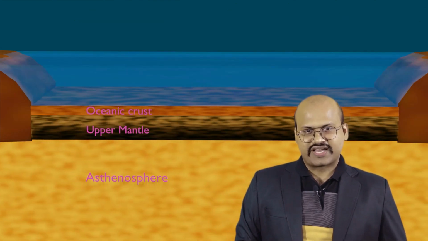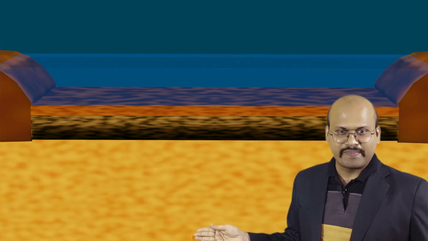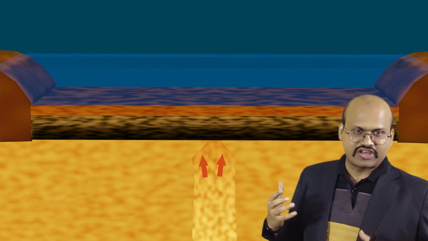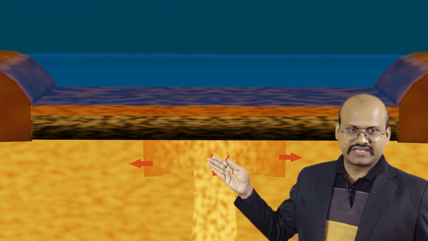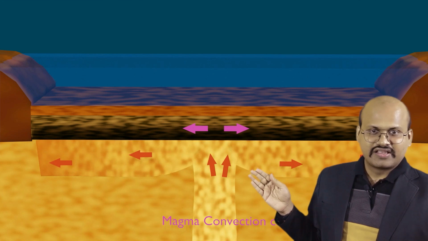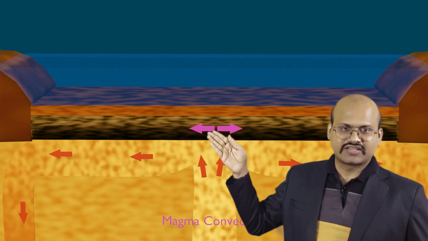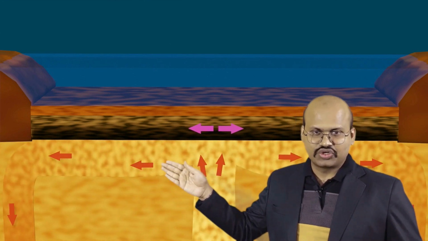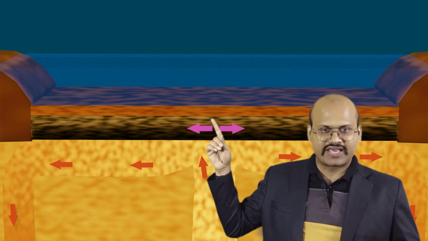First he says that there lies a convection current, as discussed by Arthur Holmes, within our mantle. Now, this convection current rises up. It is very hot. And when it reaches the crust of our Earth, it starts to diverge into two parts and flows in two directions. Because it is hot over here, it starts to melt the oceanic crust, and because the currents are diverging in two different directions, they apply a diverging or splitting force on the overlying crust.